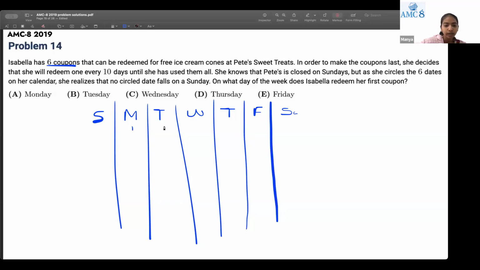So then Tuesday, 2, 3, 4, 5, 6, 7, 8, 9, 10. So Wednesday will be the second time. And then we count 1 through 10 again.